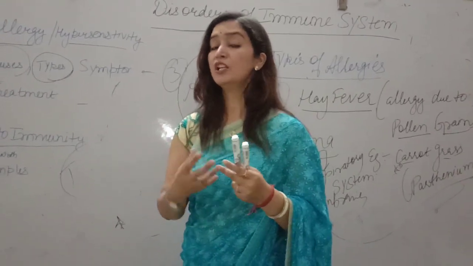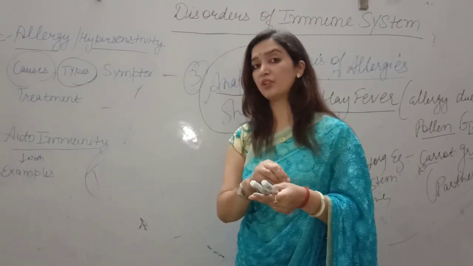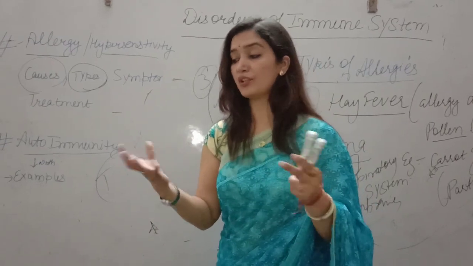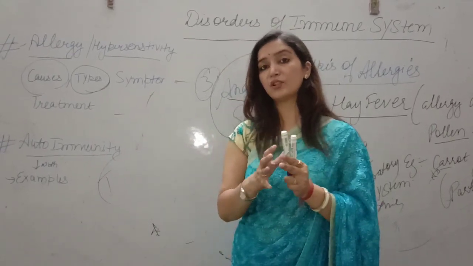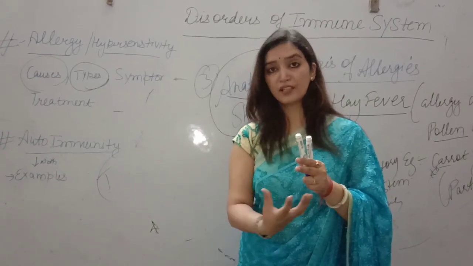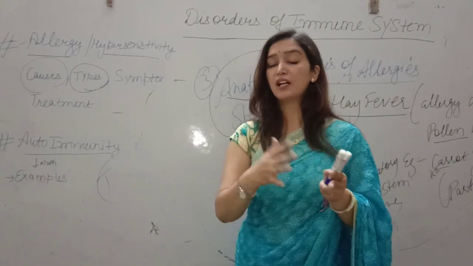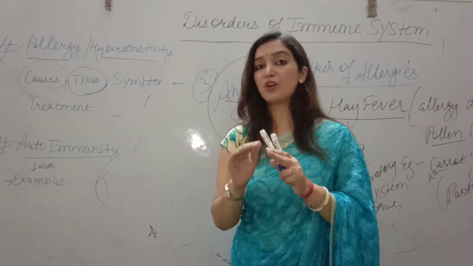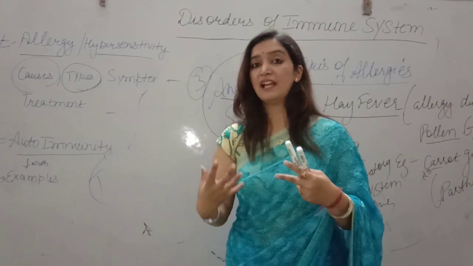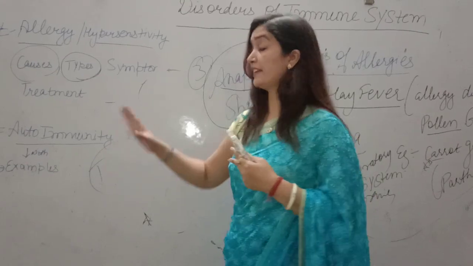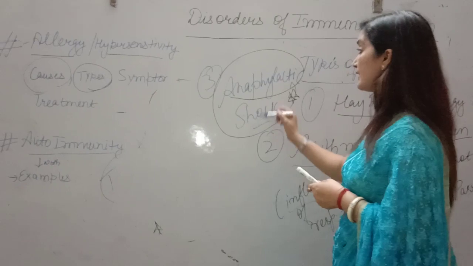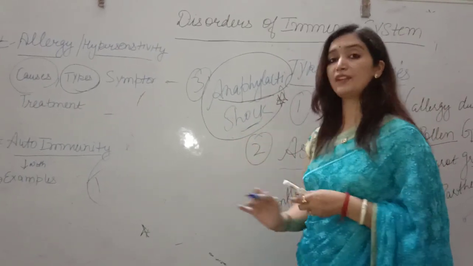That particular antigen may involve allergy in all body tissues, and that specifically causes dilation of blood vessels and movement of fluid from blood to other tissues. So what will happen? This causes a drop in blood pressure, and the person feels unconsciousness, and the person may even die. This reaction is very quick and of very short duration. That type of reaction is called anaphylactic shock.